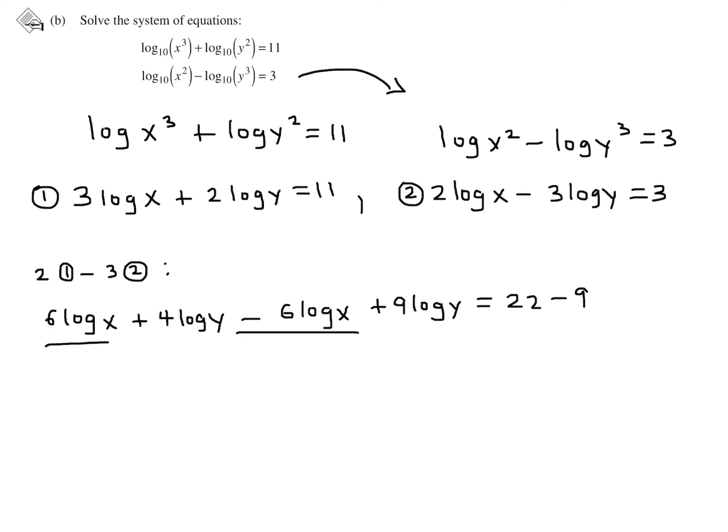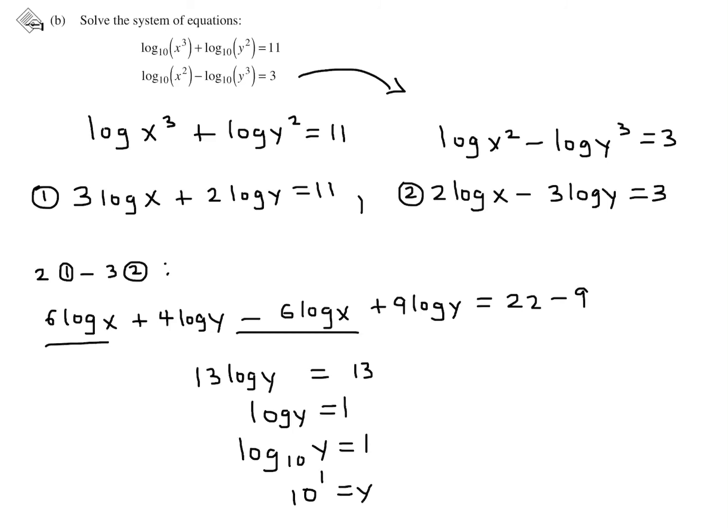And as planned, the x's disappear, and I get left with 13 log of y is equal to 13. So that means the log of y is equal to 1. And now I'll put in the 10, just to make things a little bit more clear. And based entirely on the rules of logs, 10 to the power of 1 is y. Okay, so there you go. We've got our y.